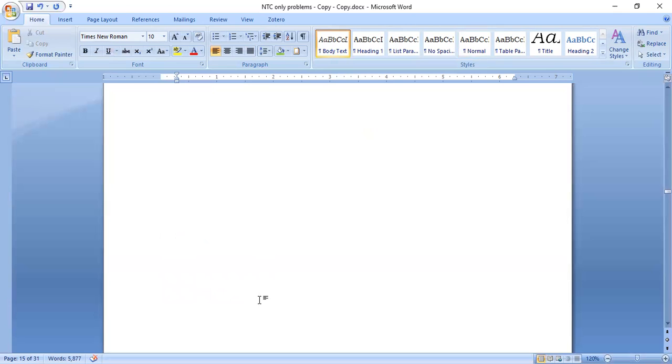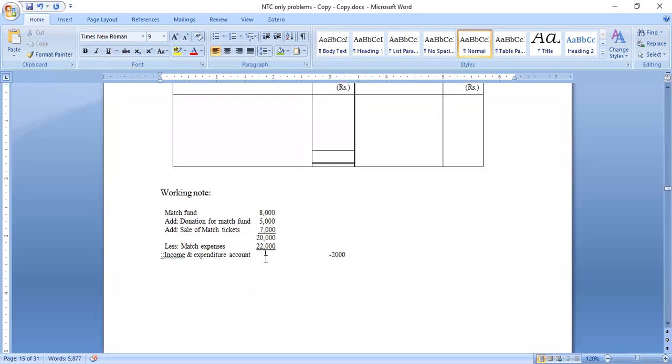Why? Because they incurred more expenditure than the fund. So whatever they incurred, the balance amount they have to mention on the expenditure side, in the sense the debit side of the income and expenditure account, so that the final surplus or deficit may appear.